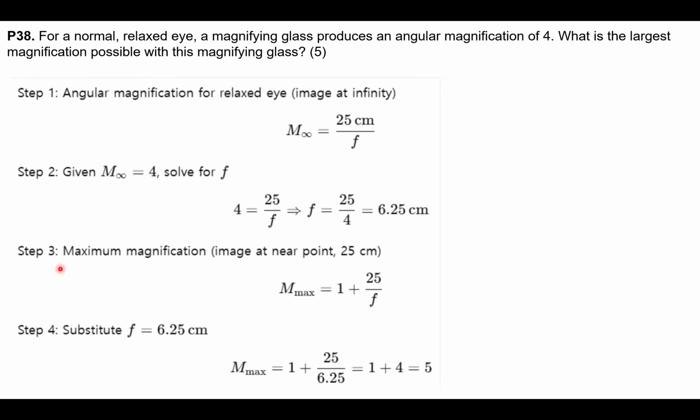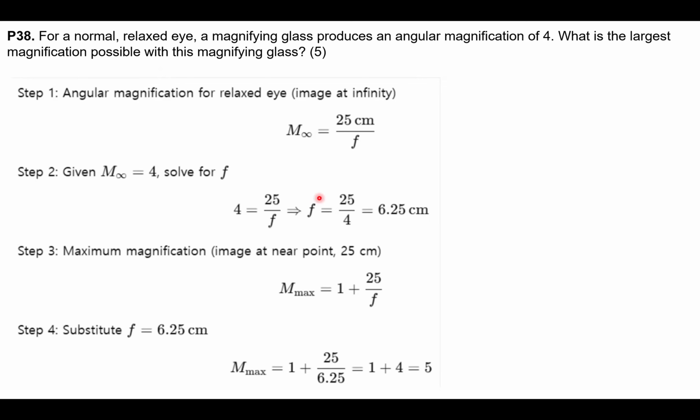And then maximum magnification. This part is a little bit tricky, because there's a 1 plus this factor. If you are not so sure about this, you need to read the textbook carefully, and you'll find this formula. It is well explained in the textbook, so please find out how it is derived. Note that for relaxed eyes the image is at infinity, and M infinity is given by this one.